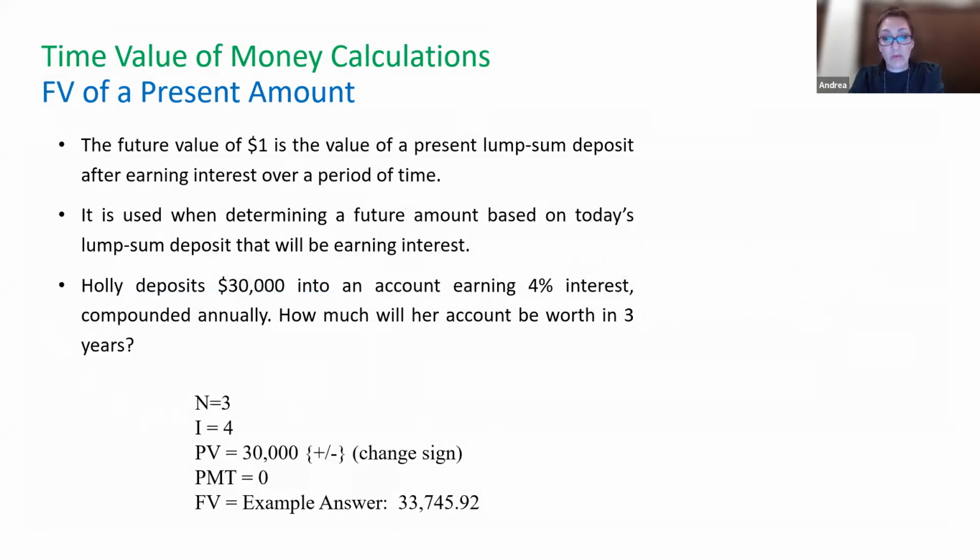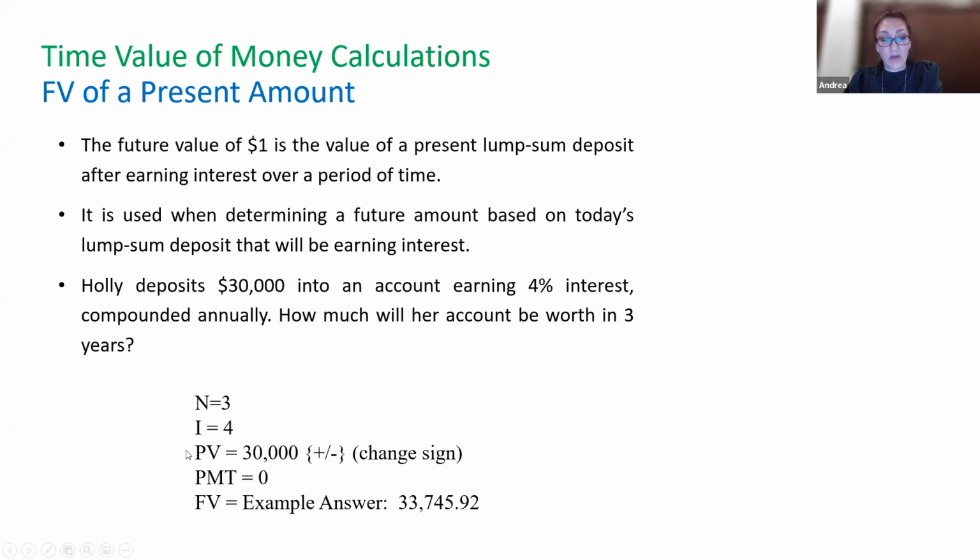How much will her account be worth in 3 years? Again, this is the same example that we showed before. Holly wants to know what the future value of $30,000 is in 3 years, earning 4%. So we're solving for the future value.